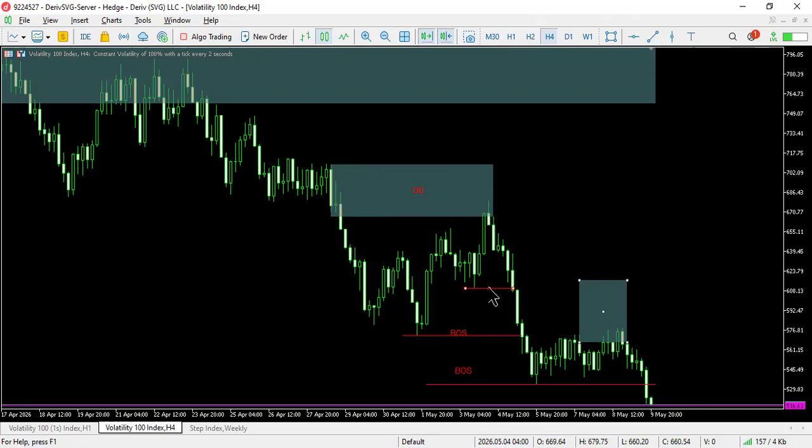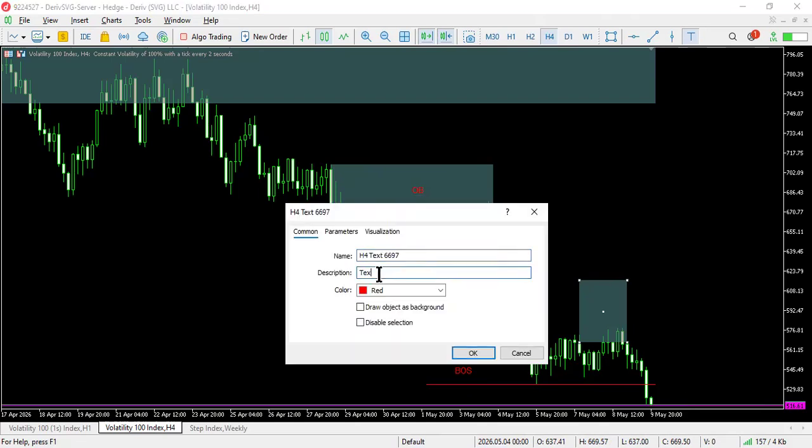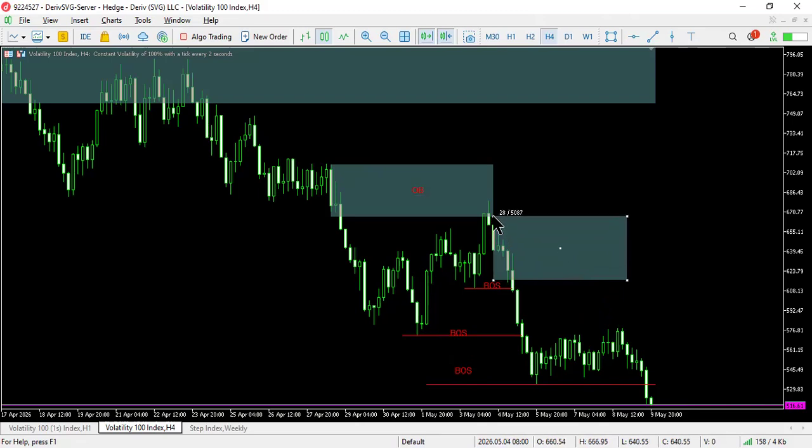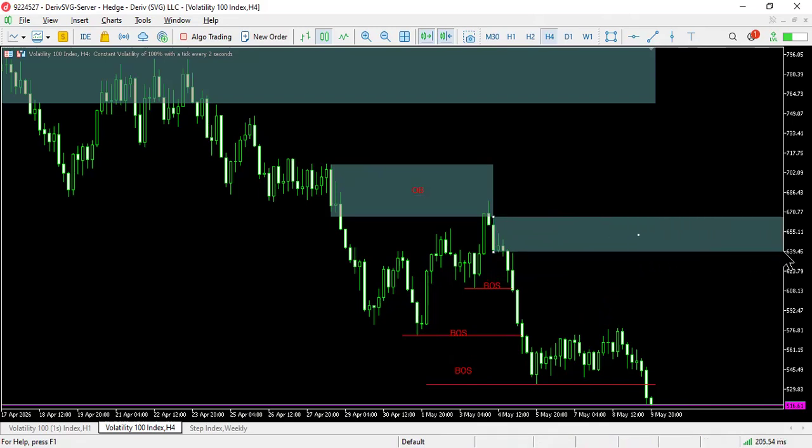So we always work with the internal break of structure, the order block for the internal break of structure. So our order block now is going to shift at this level. So we are going to be positioning at that order block.